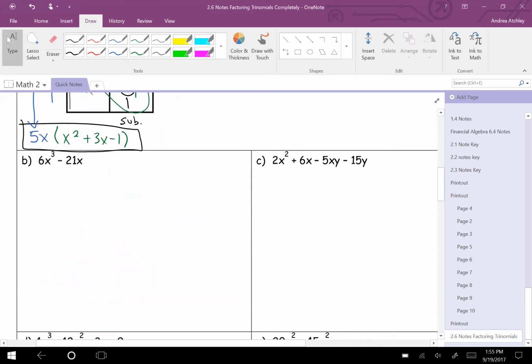Okay, so again, we're always going to start with the GCF. Okay, there's an x involved, and is there anything else that can both be divided by? 3. Okay. So we're going to find the GCF first. There's only 2 terms, so I don't need to make the box that big.